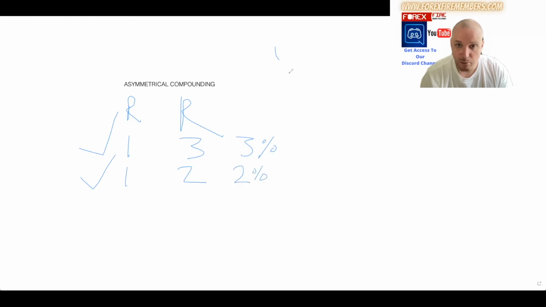But we won the previous one, so that has given us 5% growth. We're going to do the plus on that. That's 5%. Then the next one was a possible 1 to 2.